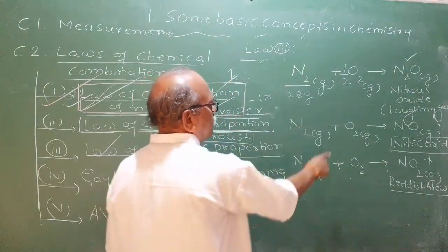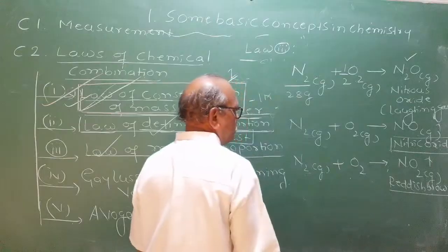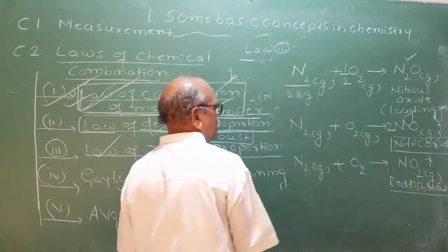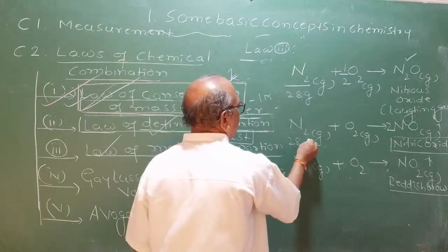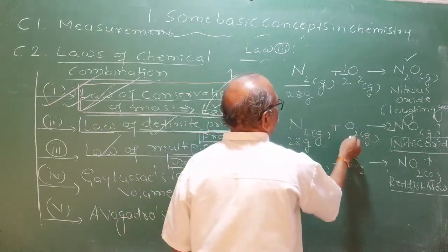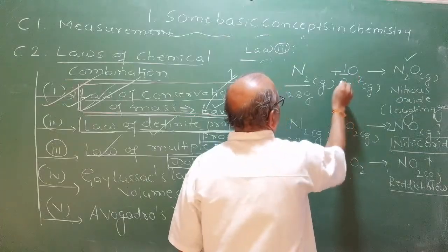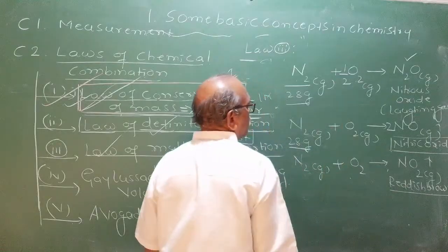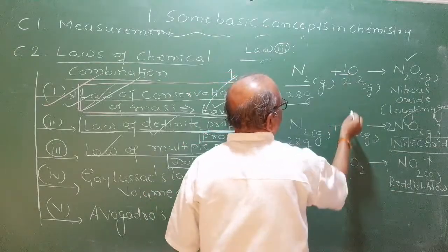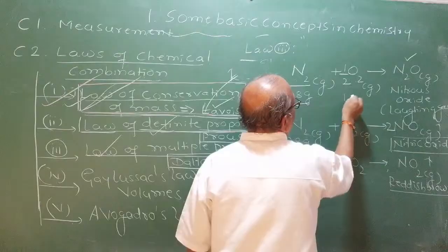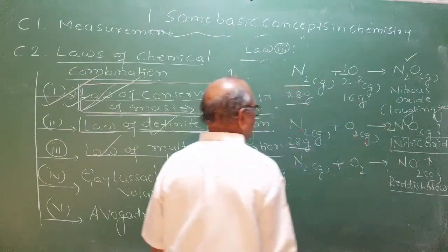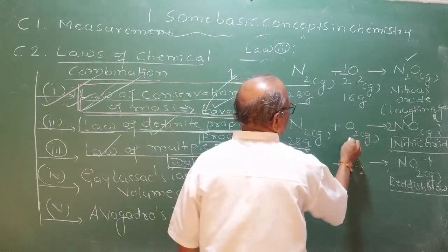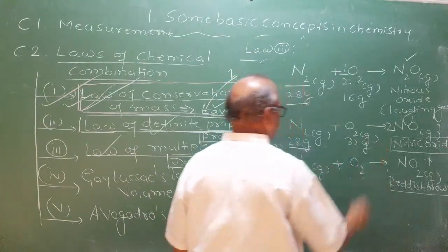Now, nitric oxide, so let me take 2NO here. Now the equation is balanced. Now, 28 grams of nitrogen combines with how many atoms of oxygen? The number of oxygen atoms is 1. 1 means 16 grams. Here, in the formation of nitric oxide, the mass of the oxygen is 16 to the 32 grams.